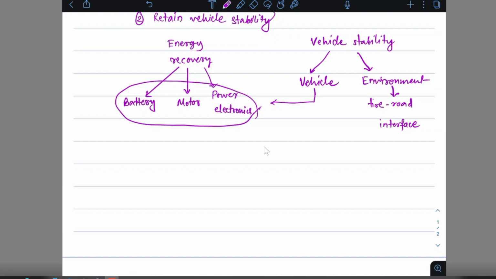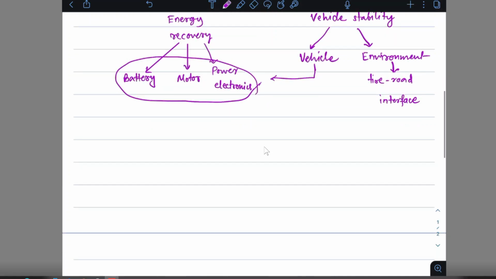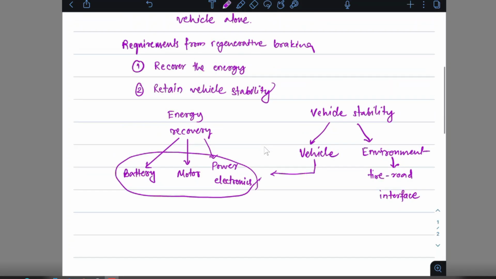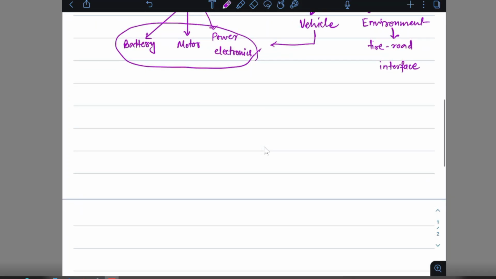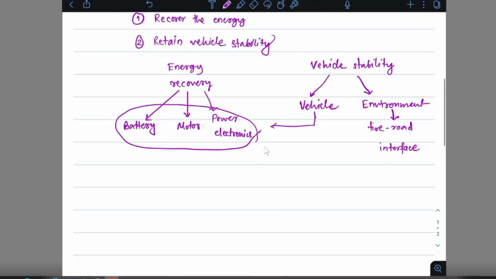Alright, so understanding all these things, let's try to quickly look at how we characterize vehicle stability.